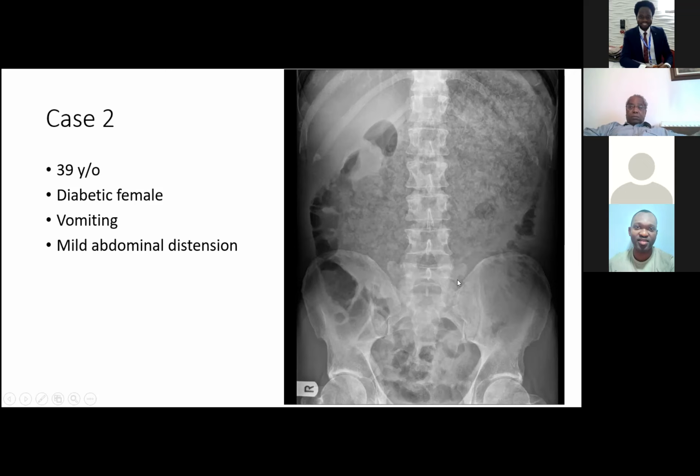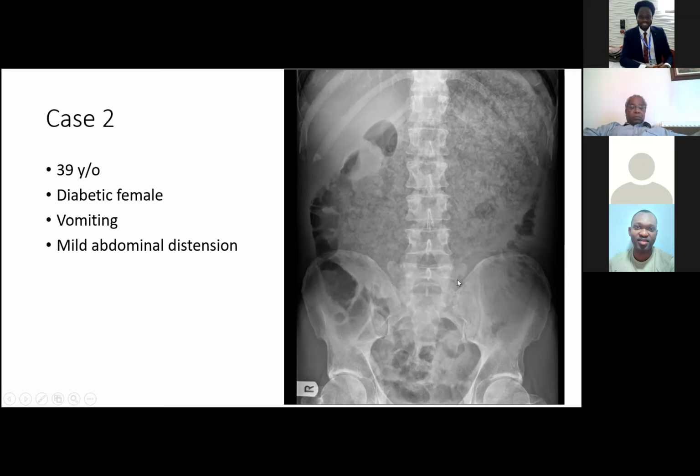Good, excellent. Yeah, so I think certainly when she came in, that was what we were thinking as well. Gastroparesis was the most likely diagnostic consideration for us. And obviously, as you pointed out, gastric outlet obstruction is in the differential. The other thing that could give this appearance is a bezoar.